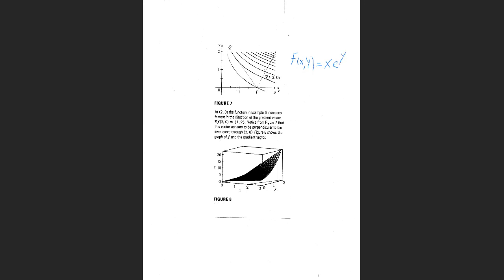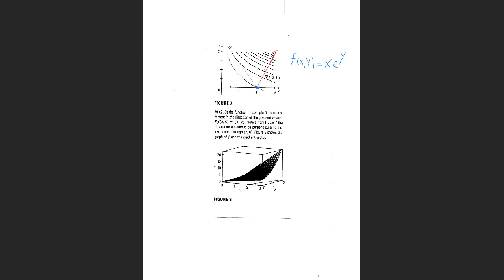And there's the point 2, 0, point P. Looking at the scale, the gradient vector 1, 2 is drawn here.